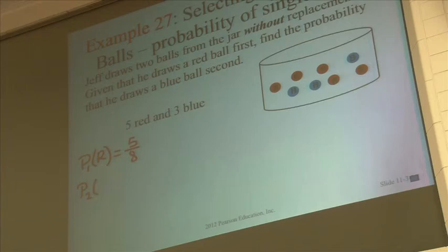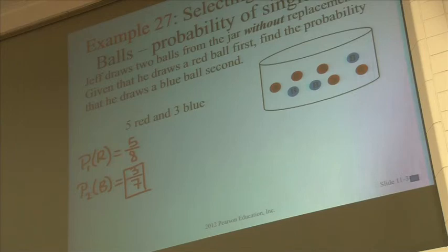Well, what's the probability that he drew a blue ball? There's still 3 blue balls in there, but our sample space is not 8 anymore, it's 7. 3 out of 7. Find the probability that he draws a blue ball second. 3 out of 7. That's how that works.